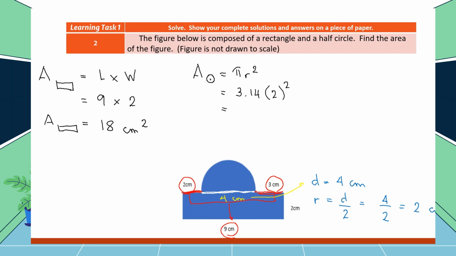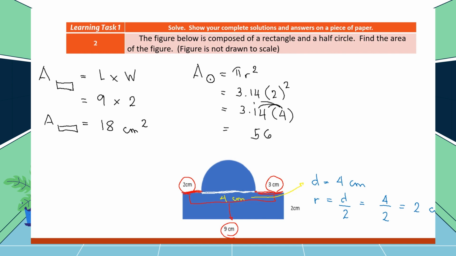So, ngayon, meron na tayong 3.14 times 2 squared. That is 2 times 2. So, 4. Okay? If we are going to solve 3.14 times 4, isolve natin. 4 times 4, that is 16. Okay? Carry 1. So, 4 times 1, the answer is 4 plus 1, it is 5.